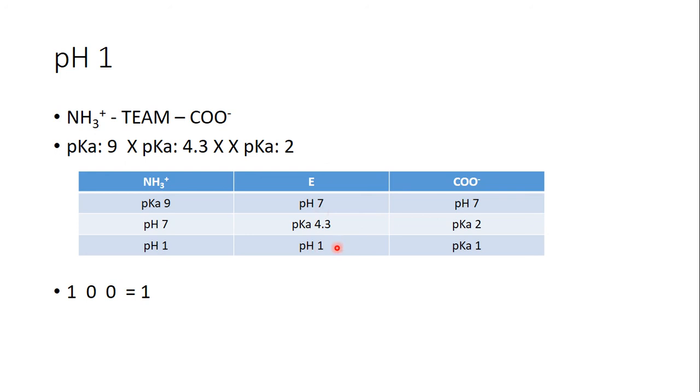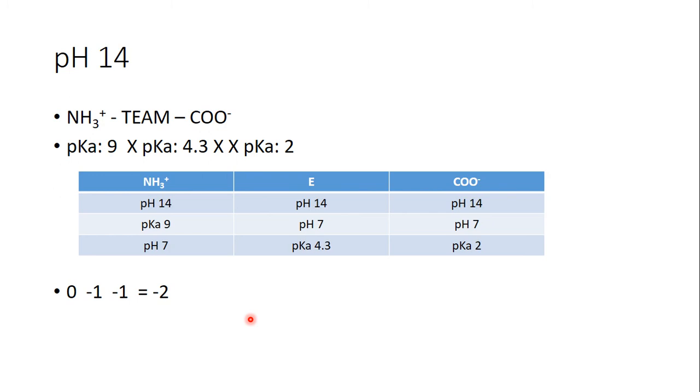When we go to a pH of 1, now we are below the pKa, we get to add a hydrogen, so we become neutral. Same thing for COO minus. 7 to 1, I start at 7, go below the pKa of 2, so this should say pH, not pKa, go to 1, and again I gain a proton, so I become neutral.